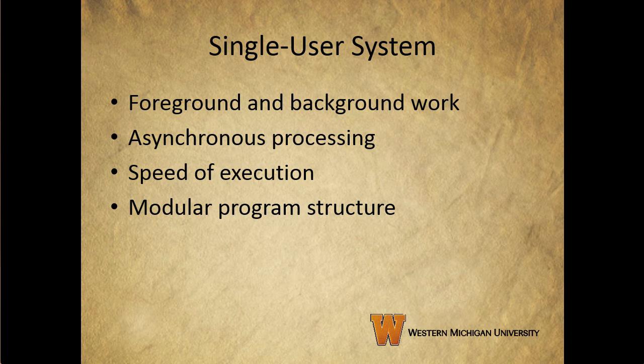First of all, we can use threads to do foreground and background work in separate threads. A good example of this is a spreadsheet program. One thread could display menus and read user input, while another thread executes commands from the user and updates the spreadsheet. This arrangement can often increase the perceived speed of the application by allowing it to prompt for the next command before the previous command is completed.